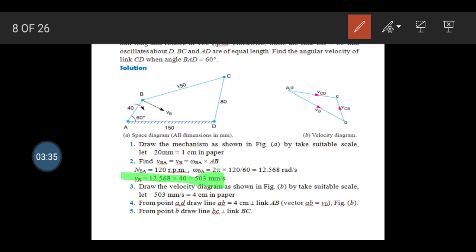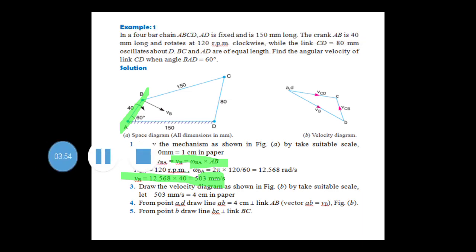VB is nothing but omega into AB. The omega value we have obtained is 12.56, into the length of AB, which is 40. So finally we got it as 503 mm per second.